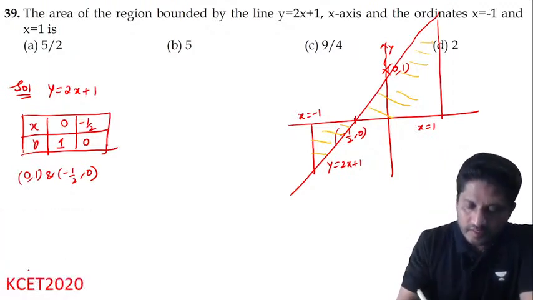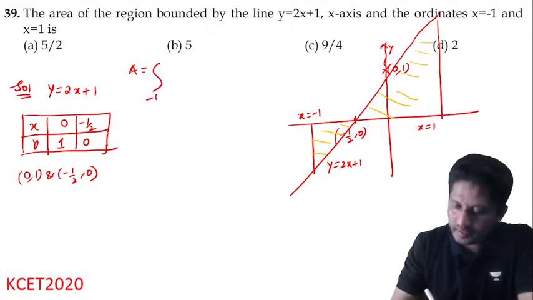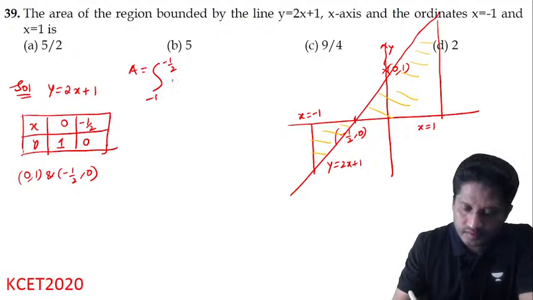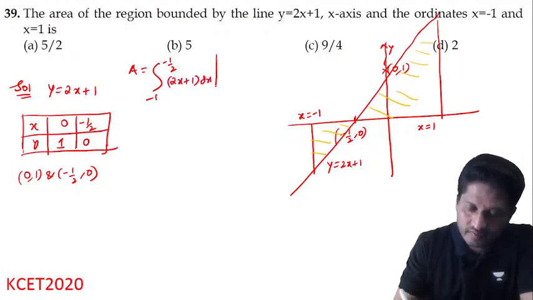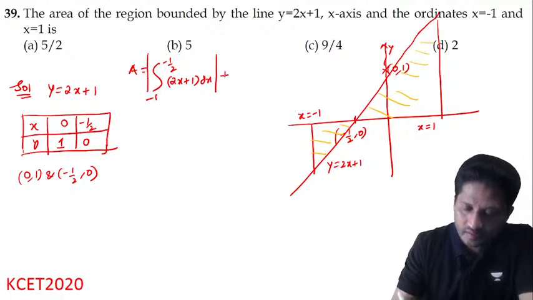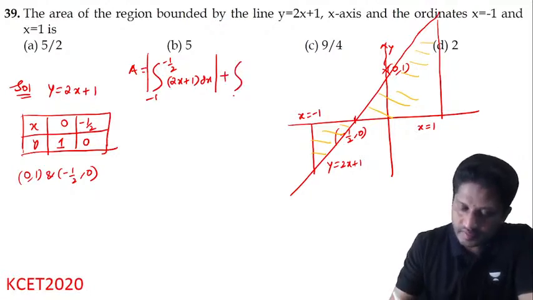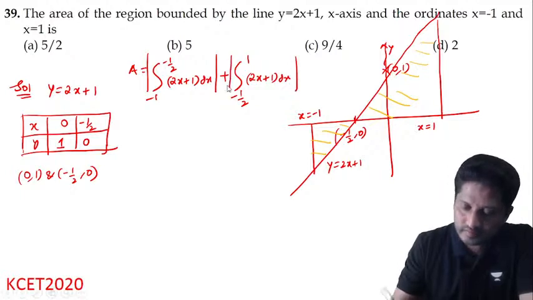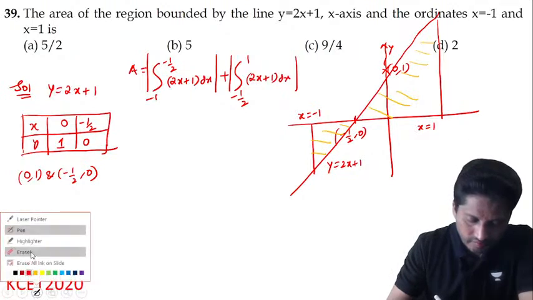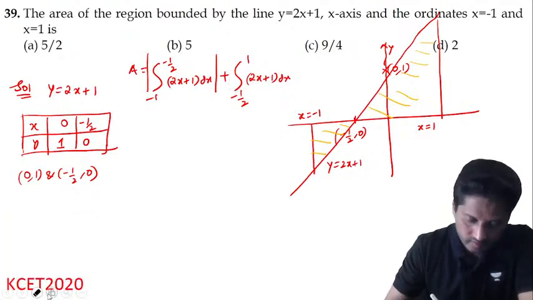We have to find the area: lower limit minus 1, upper limit minus half, mod of 2x plus 1 dx. Area below the x-axis would be negative, that's why keep a mod here, plus integration from minus half to 1 of 2x plus 1 dx. There's no mod there, sorry, area above the x-axis will be positive only.